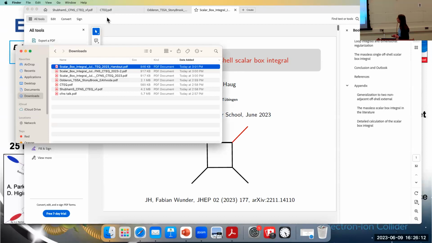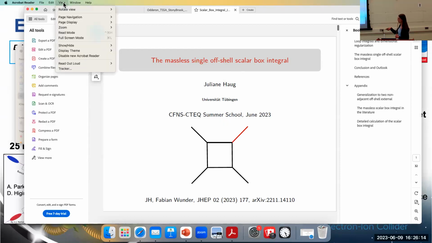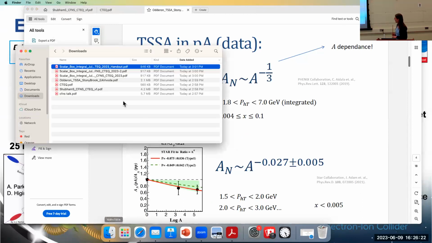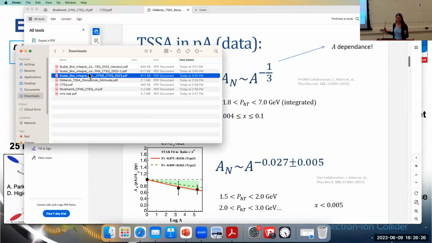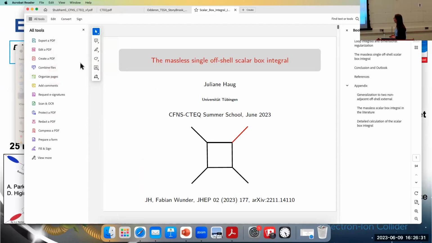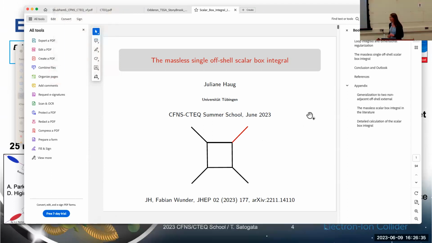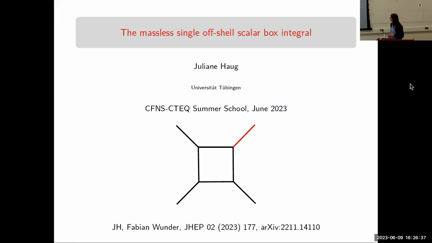No, the other one would be better. Okay, the other one, sorry. The handout is just without overlays for you to look at later. Let me just prepare everything. Okay, great.